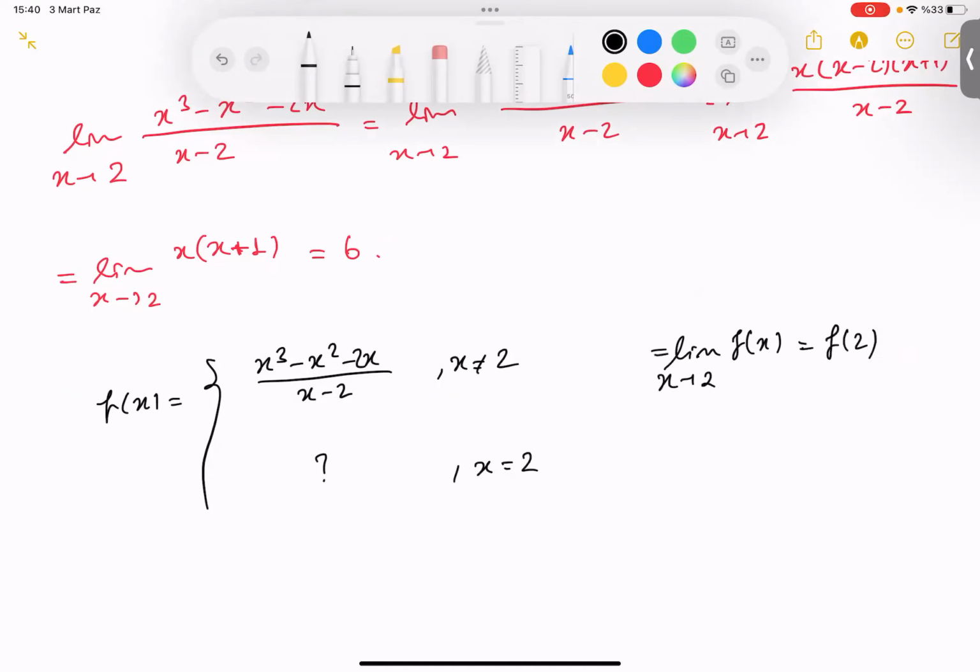You already computed the limit and got 6, which means you need to define the function using its limit to remove the discontinuity there. Okay, now the function was already continuous at all points except 2, but now it's also continuous at the point 2, so you're done.